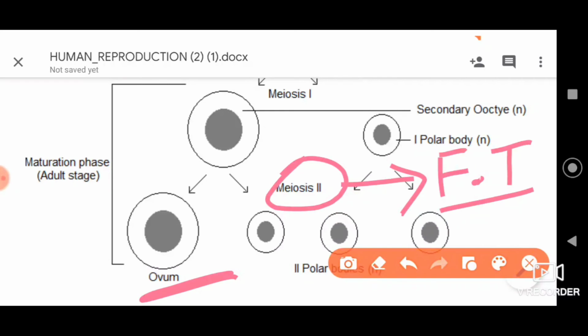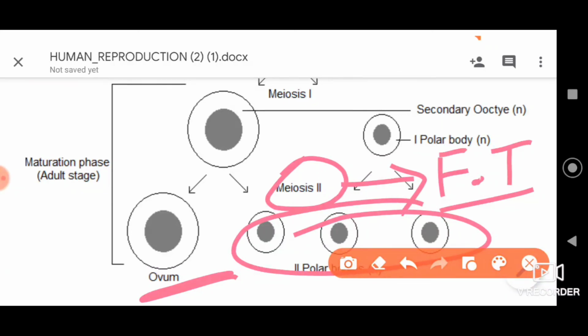After that, as I said, the ovum together with three polar bodies will be formed. These three polar bodies will degenerate during fertilization, that is, during the process of fusion of male and female gametes. The polar bodies which are formed will degenerate, and there is only the ovum which is left.